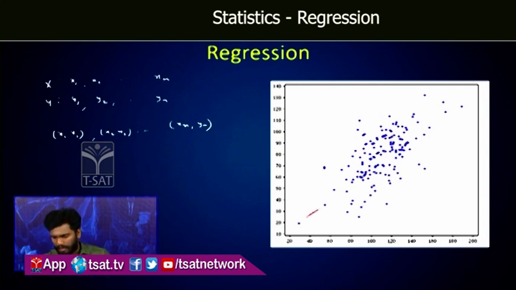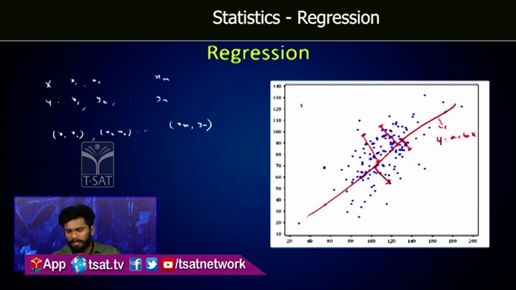When you draw a line, say y = a + bx, such that the sum of the squares of the deviations from each and every point to the line is minimum, then we can say that this line y = a + bx is the best fit, and we can also call it the best regression line.